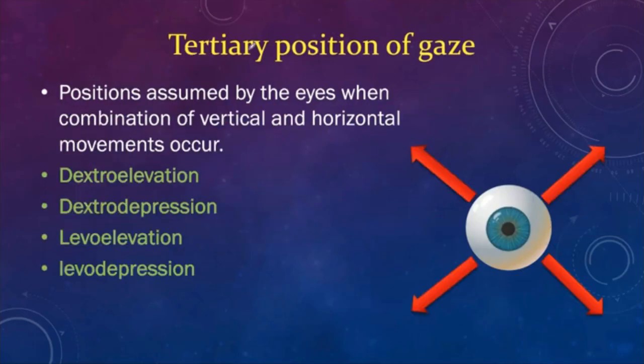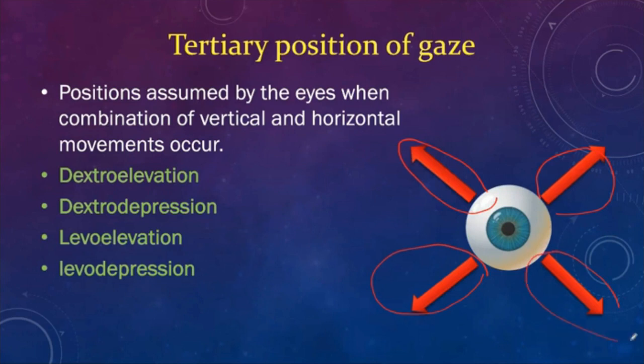On the other hand, there are tertiary movements. These tertiary movements are a combination of vertical and horizontal elements. So the eye can look up and right, which is called dextroelevation, up and left, which is called levoelevation, down and right, which is called dextrodepression, or down and left, which is called levodepression.